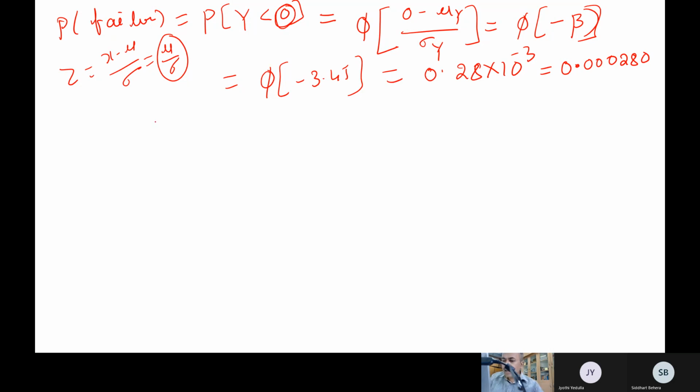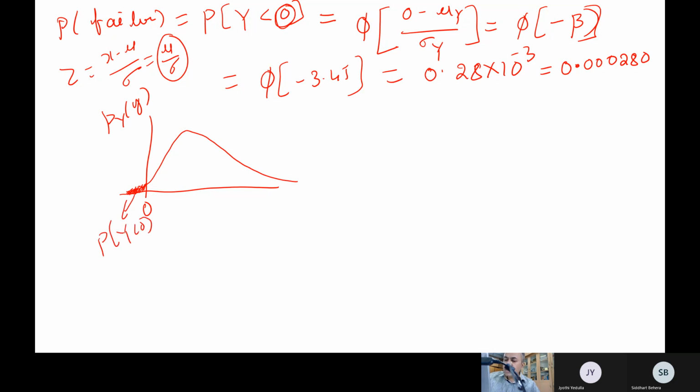Or if you want, you can even draw this. It is basically a normal distribution, so this is my p_y of y, and this is my 0. I'm finding the area under this small curve, so this is my probability y less than 0. This area is 0.000280. So this is how we calculate the probability of failure of our beam.